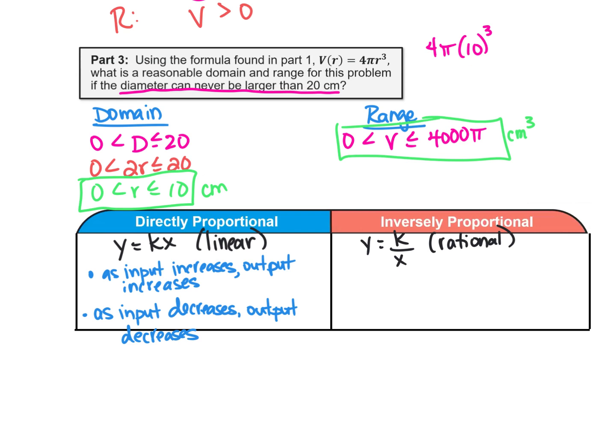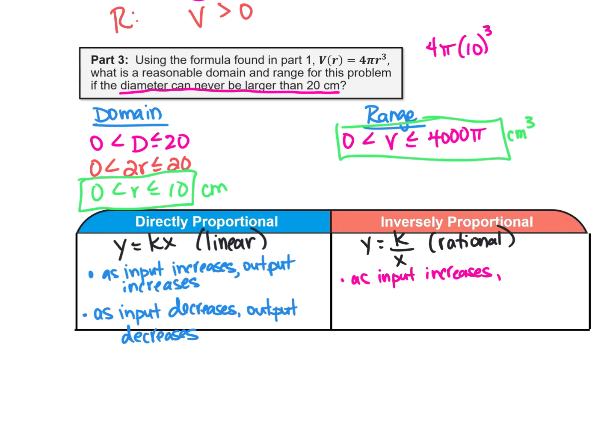All right. Now, when we think about things being inversely proportional, this is where it gets a little different. Okay, so let's take a look at this one. As my input increases, think about that. If I'm looking at this function, some number over a really big x, what's y getting really close to? 0.